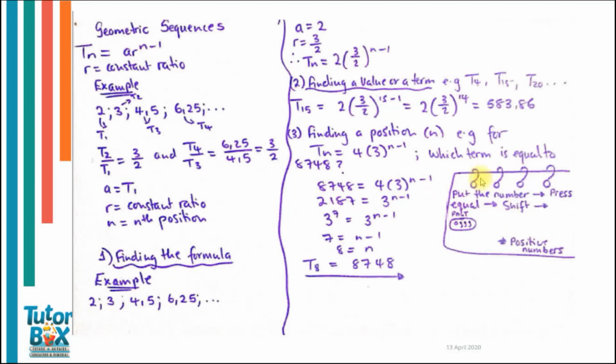What you're going to do is replace Tn with 8,748. This will be equal to 4 times 3 to the power of n minus 1. If I divide both sides by 4, I should get 2,187 is equal to 3 raised to the power of n minus 1.